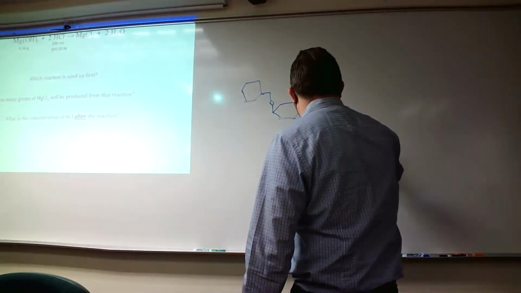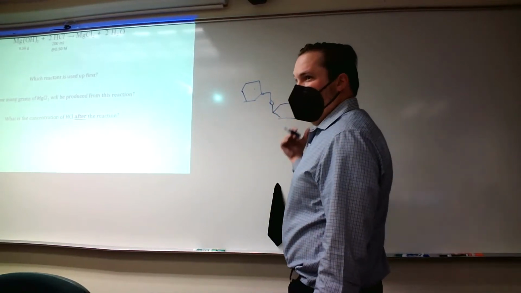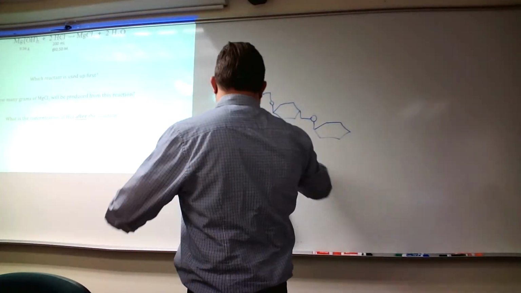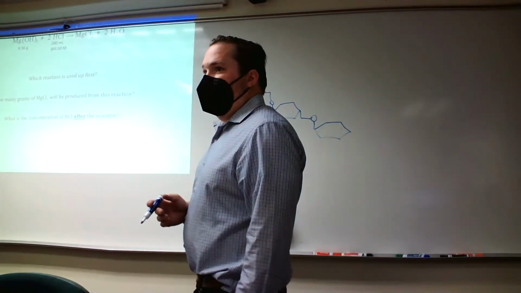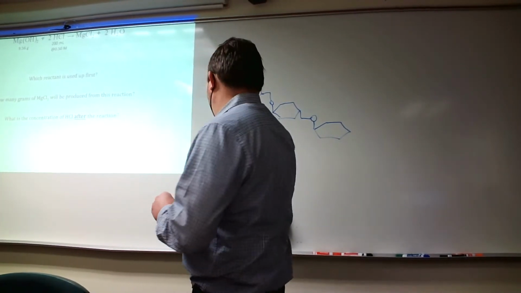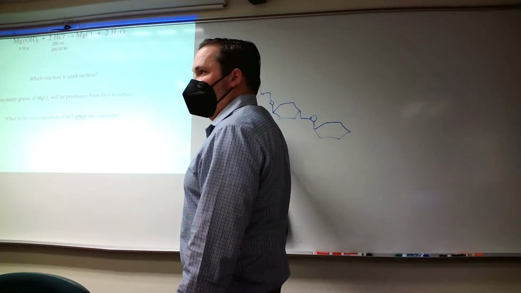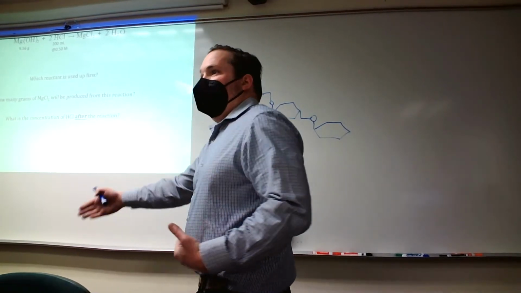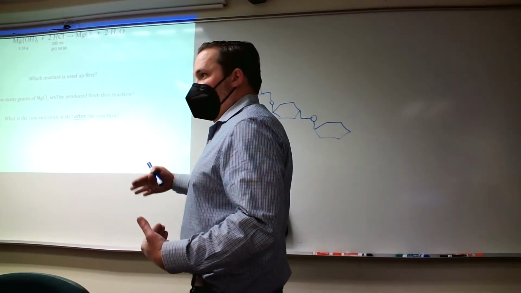So you get these big, long chains that don't behave like individual molecules anymore. In starches, these can be hundreds of hexagons long, and each hexagon is 6 carbons. So we're talking about giant molecules compared to normal organic molecules.